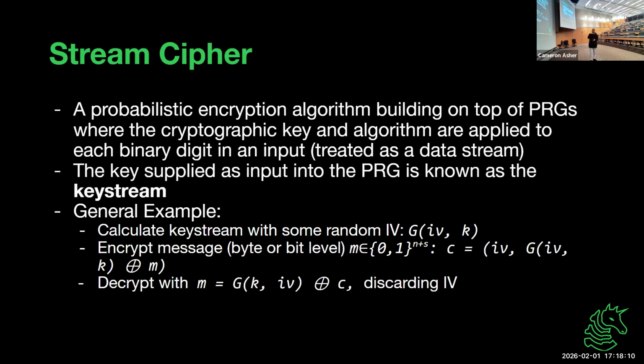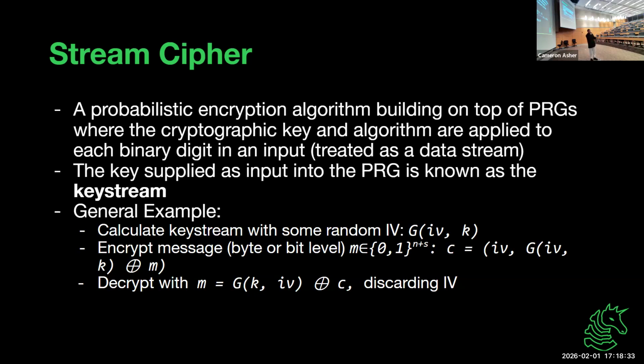The advantage here is that if we start with a key, we can extend it pseudo-randomly to get a key stream. Then we can just XOR that with the plain text to get a ciphertext. And there are a bunch of different ways to do this.